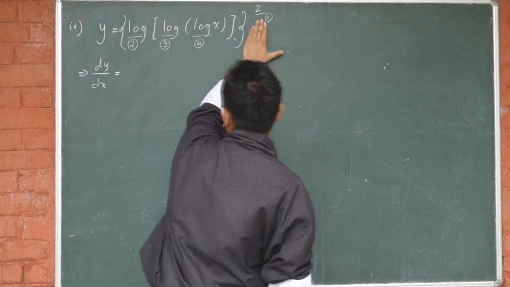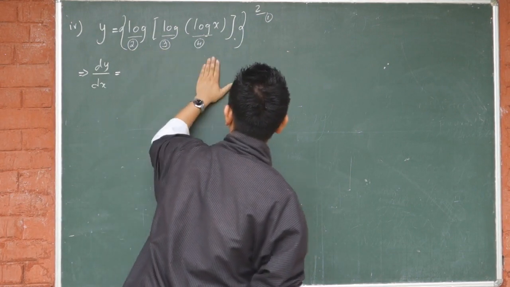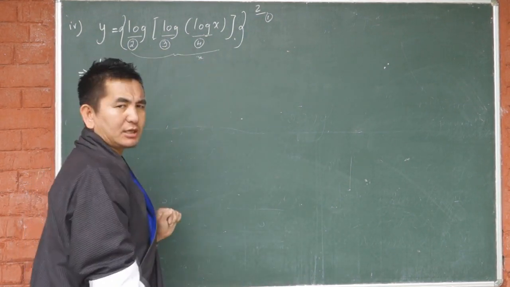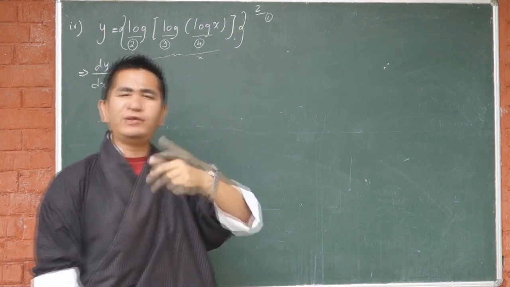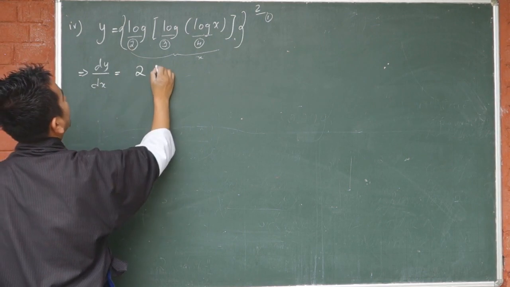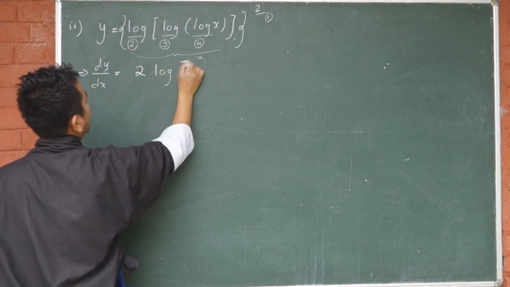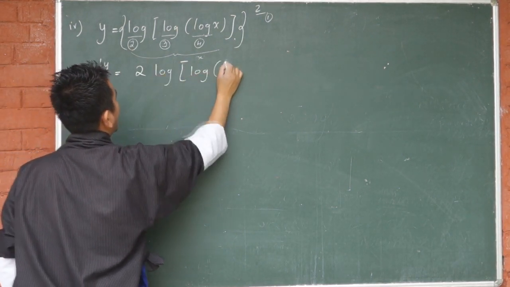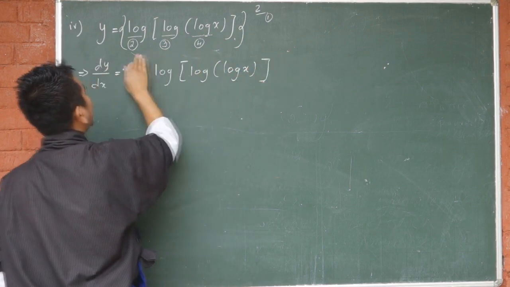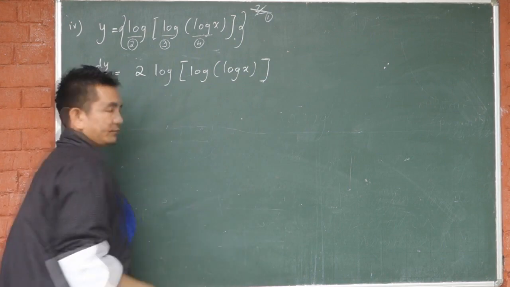When you go for number 1, assume the second, third, fourth as x. This becomes x square. What's the differentiation of x square? 2x, isn't it? 2 times log x, in brackets. Now we are done with the power.